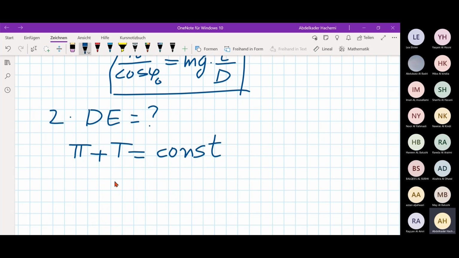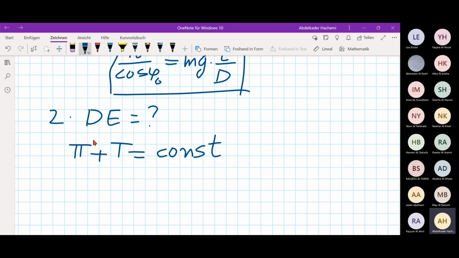Then it means the sum of the potential plus the kinetic energy will always be constant. Now, the kinetic energy is defined as a function of the velocity, okay? The potential is always the force multiplied by the covered distance in the same direction as the force, okay?